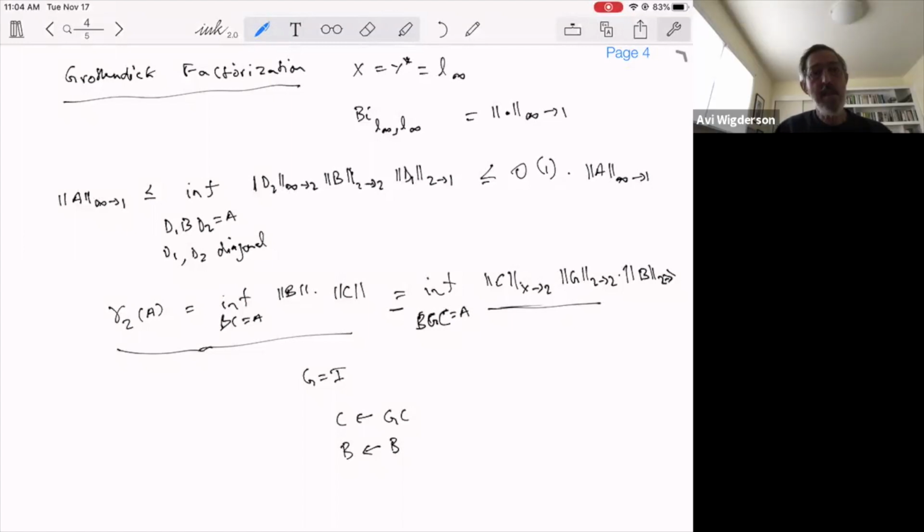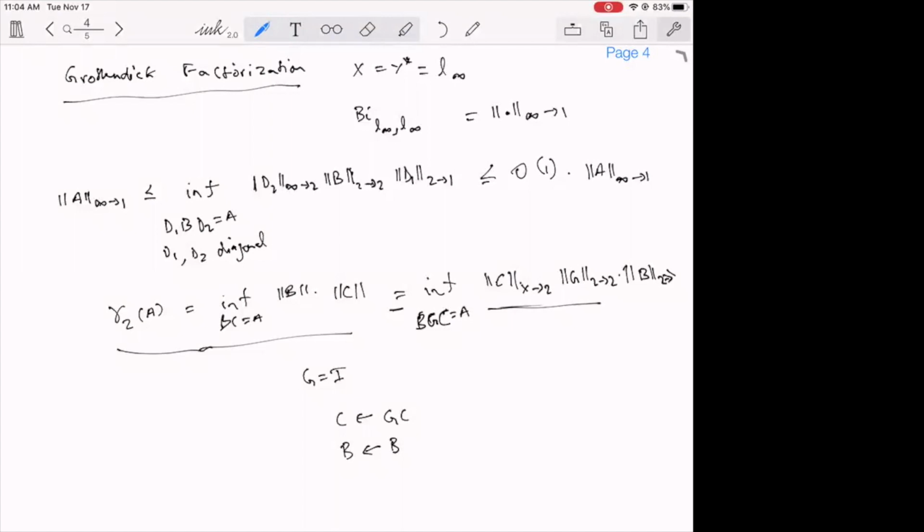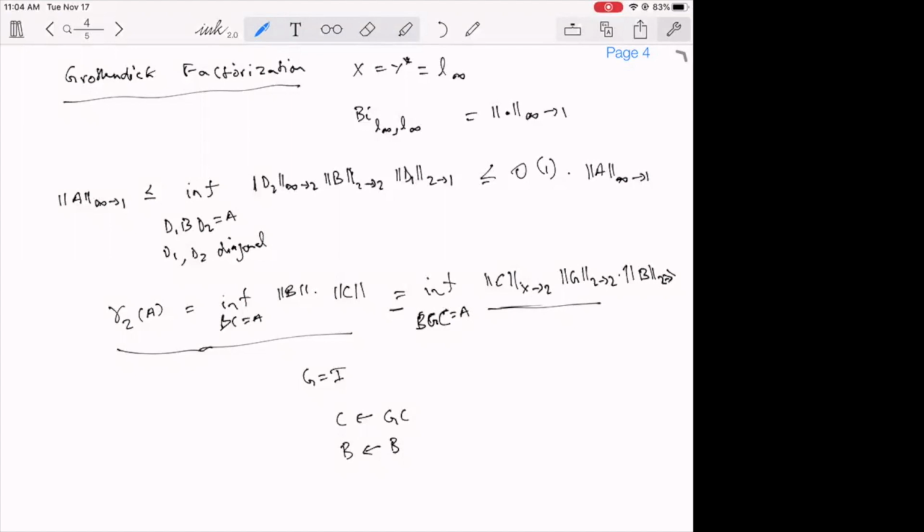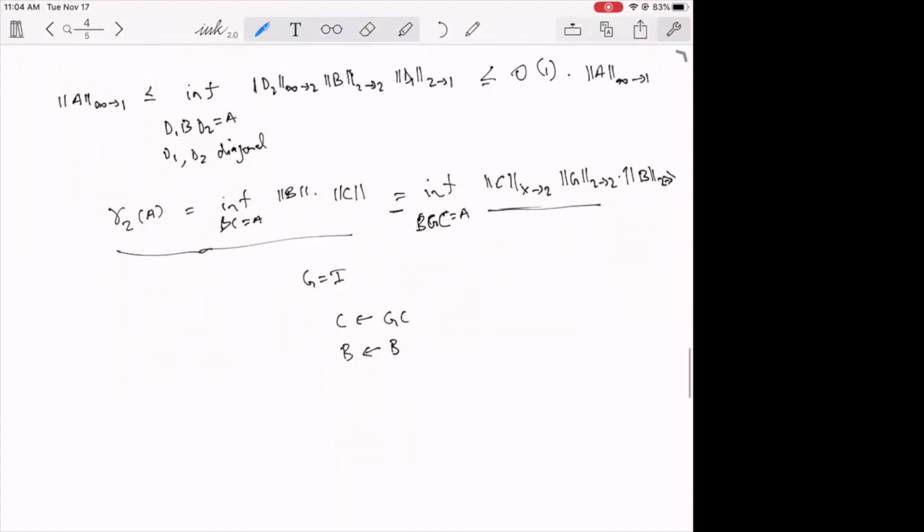Yeah, I see. But the consequence is if you want to compute gamma 2 of A, we can take C to be diagonal. Yeah, that's correct, if you don't mind losing a constant. Okay, good.